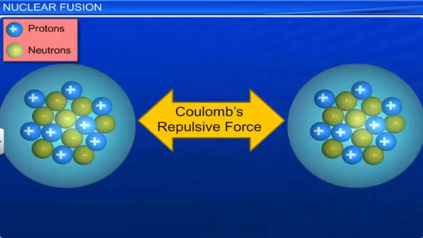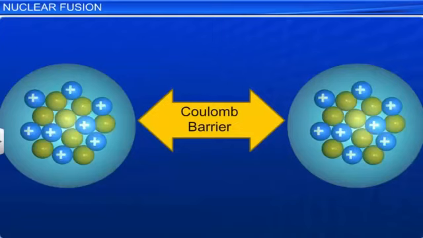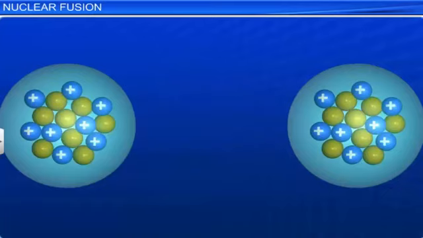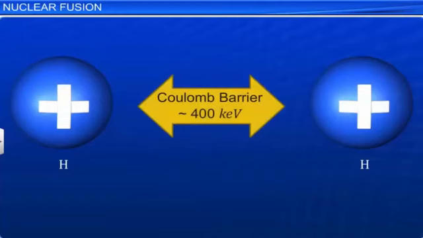The Coulomb's repulsive force is referred to as the Coulomb barrier, and the height of this barrier depends on the charges and also on the radii of the two fusing nuclei. If two protons, that is, two hydrogen nuclei, should fuse together, the barrier height is about 400 kilo-electron volt. This is a very huge amount of energy.